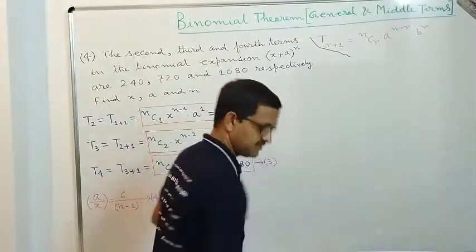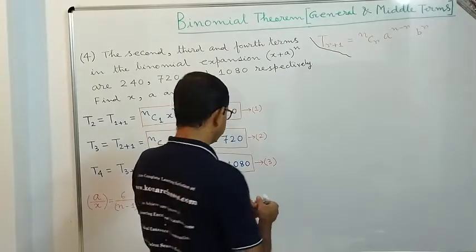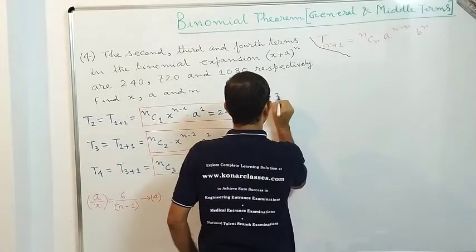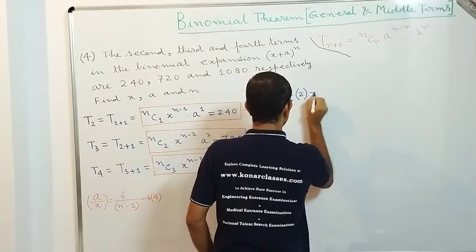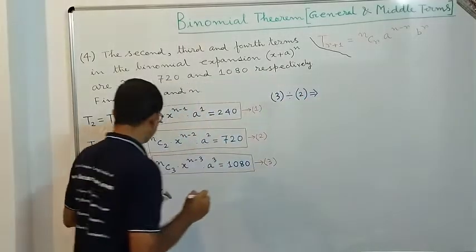I am saying that we divide both sides of equation 3 by both sides of equation 2. What is it going to give us?